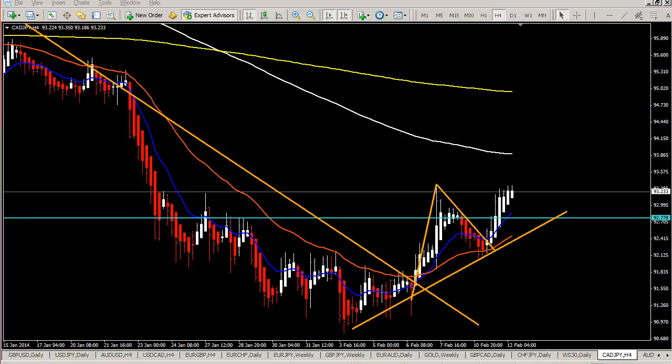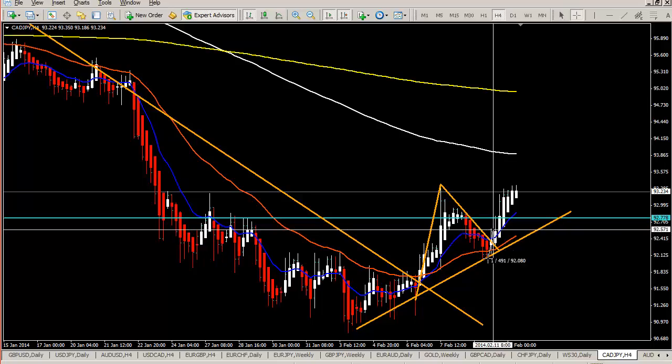Okay, so what John did, he took the 4-hourly long as discussed, but he also took it on the 5-minute to combine and see the difference. Now, with a stop below here, it's a 60 pip stop, more or less.